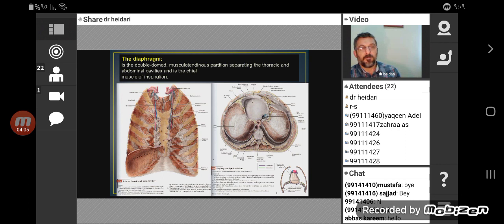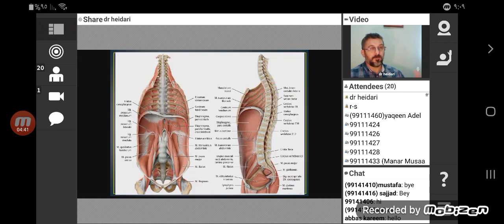The diaphragm is actually a muscular tendinous tissue between the thorax and abdomen, as you see.